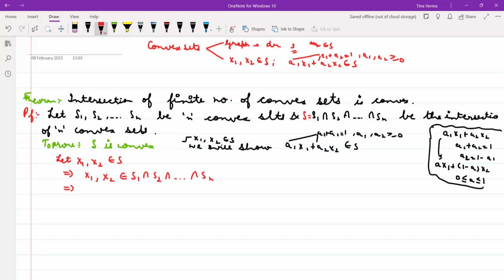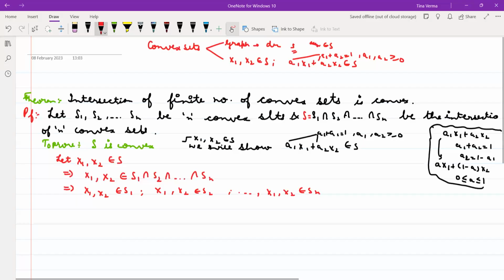Now we know that if something belongs to the intersection, it belongs to the common part, which implies that x1 and x2 will be present in all the sets. That means x1 and x2 are present in S1, x1 and x2 are present in S2, and x1 and x2 are present in Sn.